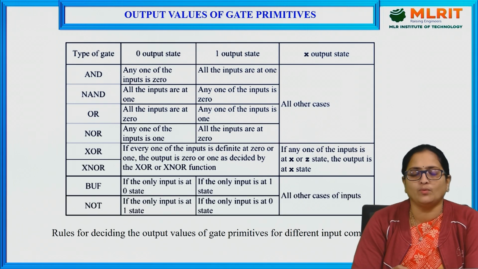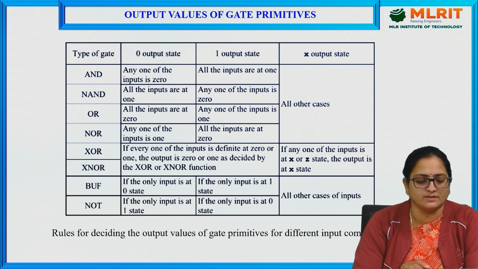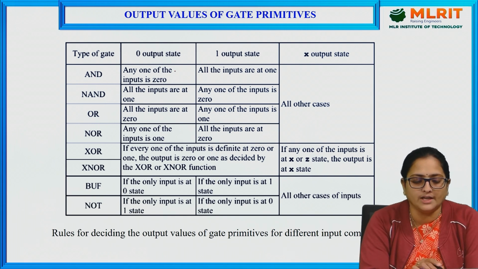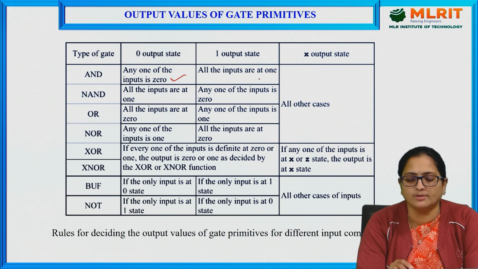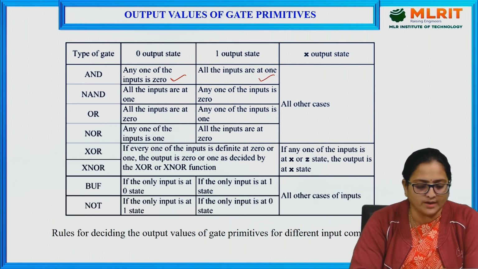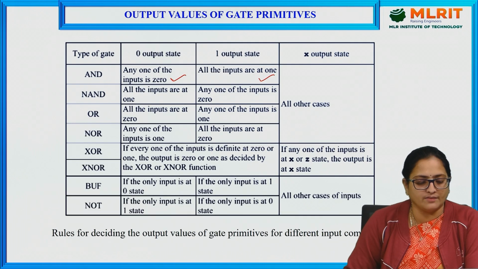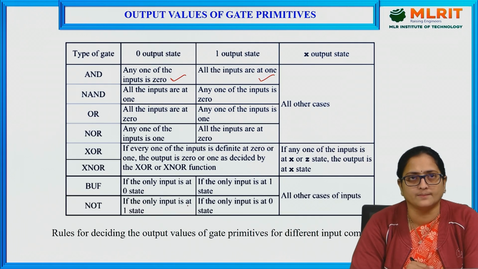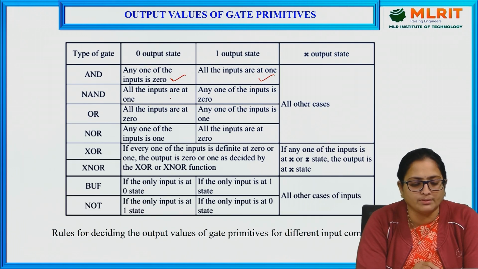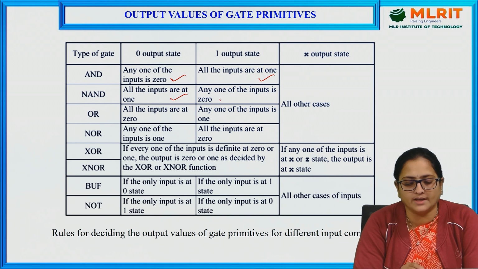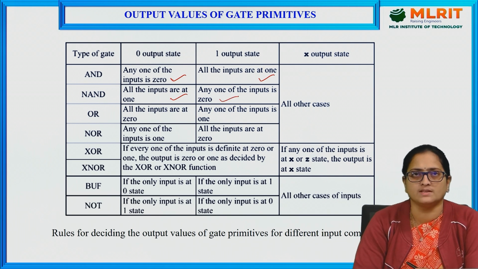So, output values of the gate primitives. See, any one of the inputs is 0. All inputs are at 1. Whatever I have discussed in the previous slide, I have given in the table here. And for NAND gate, all inputs are at 1 or any one of its inputs is at 0.